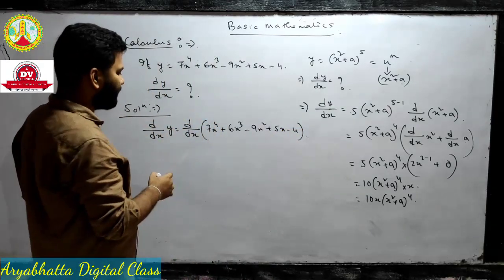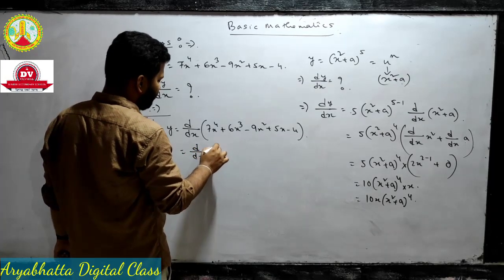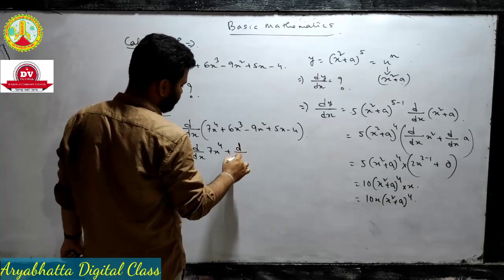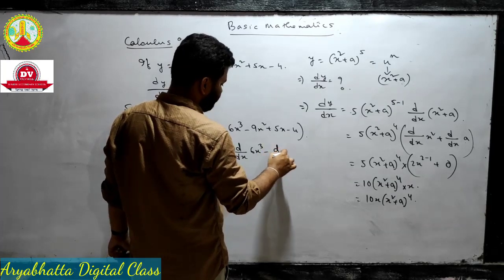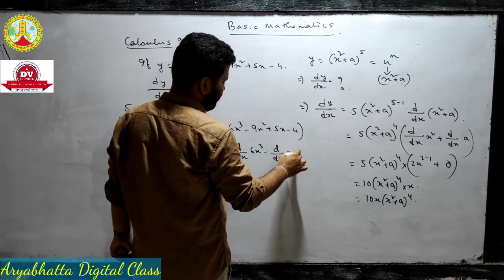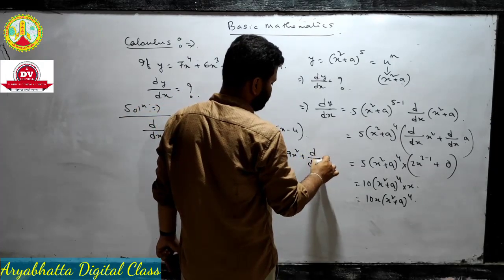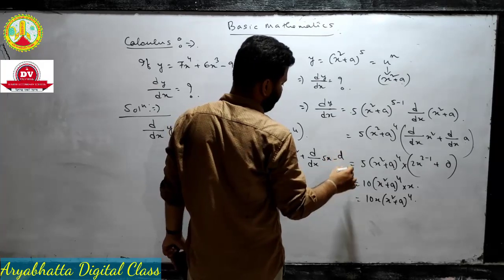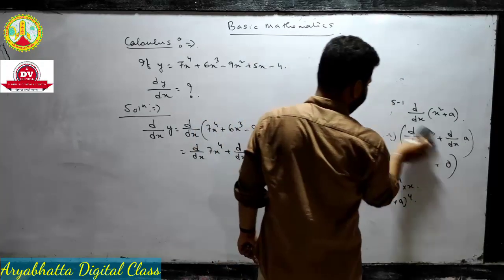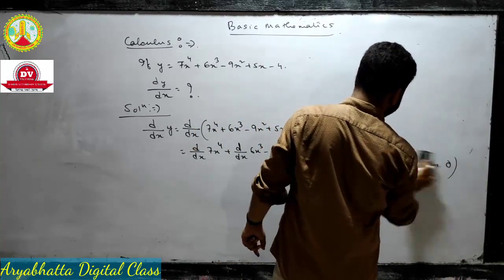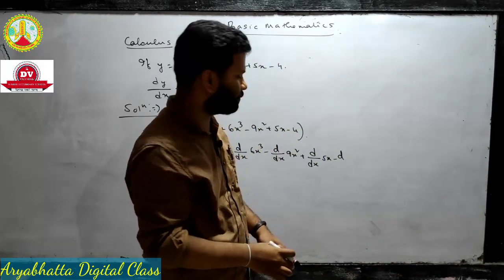Now you separate each and every term. So it will be d/dx of 7x to the power 4 plus d/dx of 6x to the power 3 minus d/dx of 9x square plus d/dx of 5x minus d/dx of 4. These are examples; there are a lot of examples that you can do.